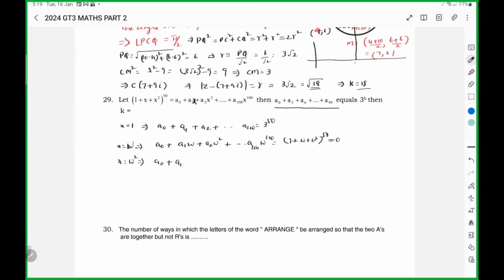A0 plus A1 omega square, A2 omega power 4, which is 1 plus omega square. Omega power 4 is omega.